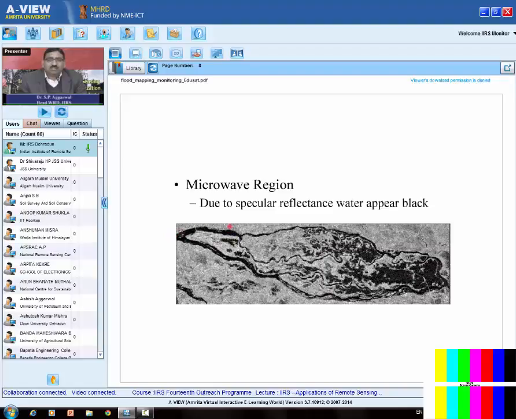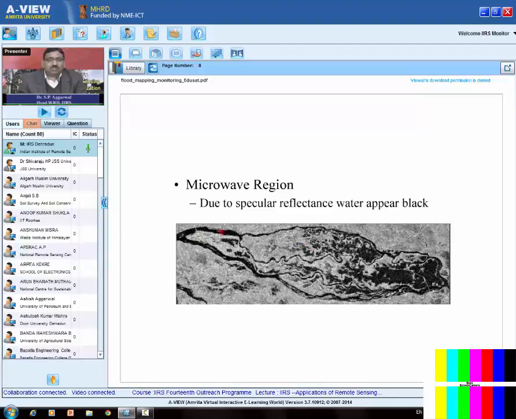However, this black, you can see the shape. So this cannot be, this is basically a river. This is basically a river. This is basically a river. But all these areas where you will find a lot of dark area, black area, this is all flooded area. So it is very easy using the microwave data to get the flooded area.